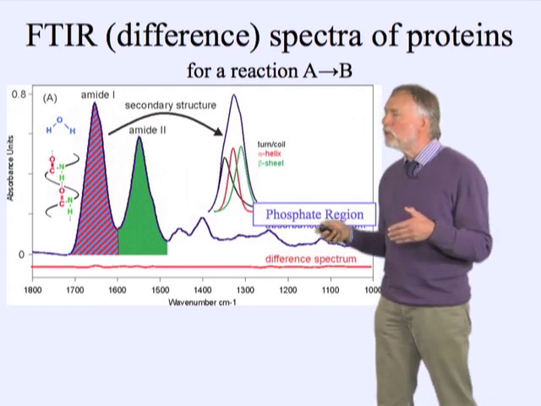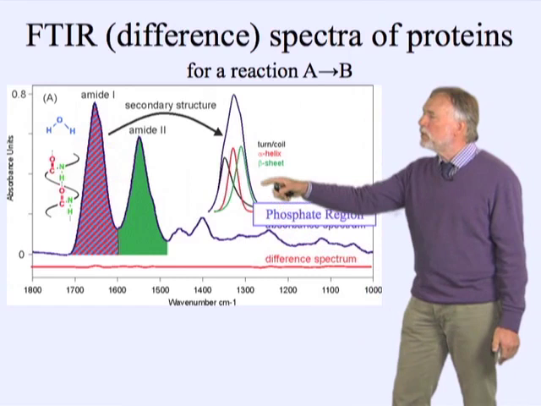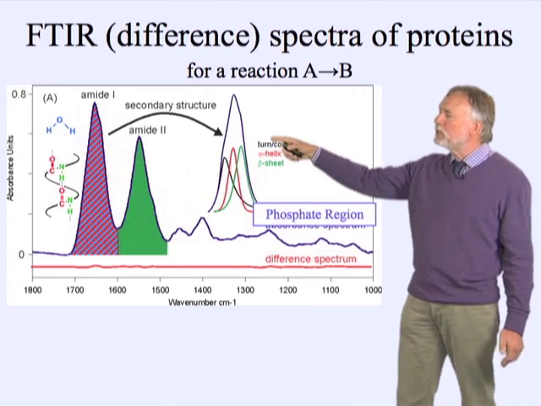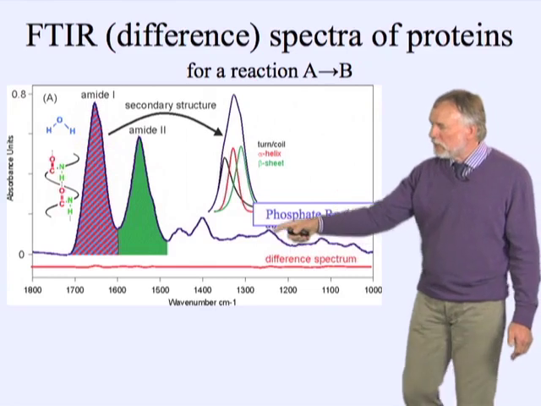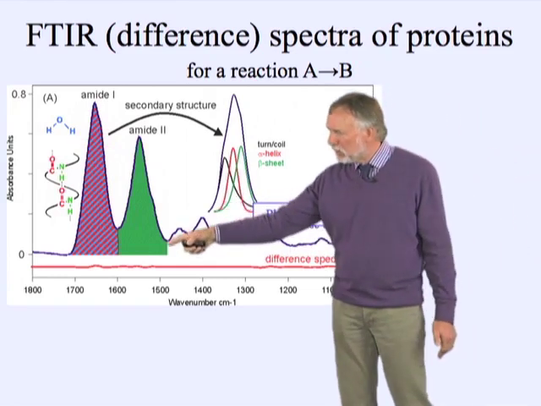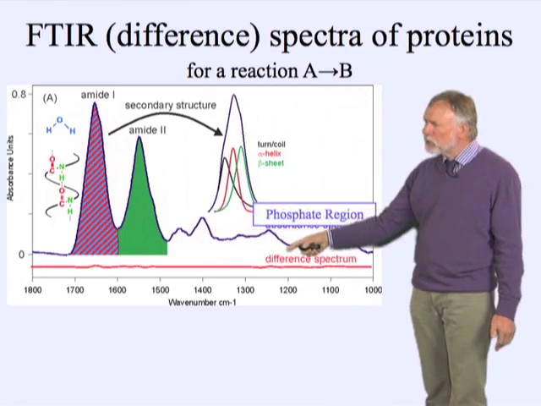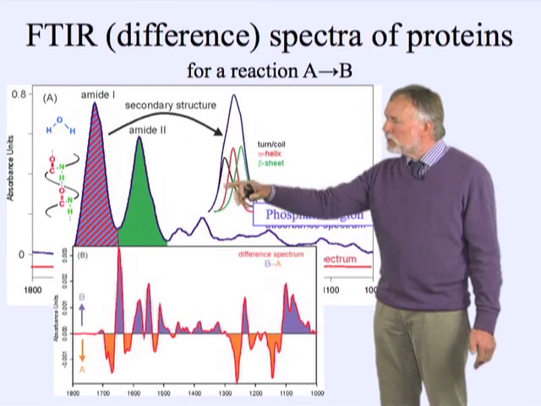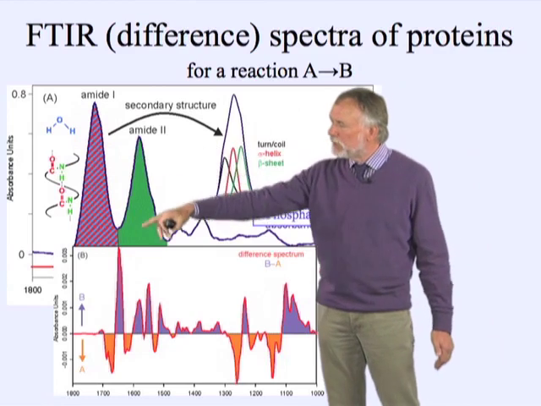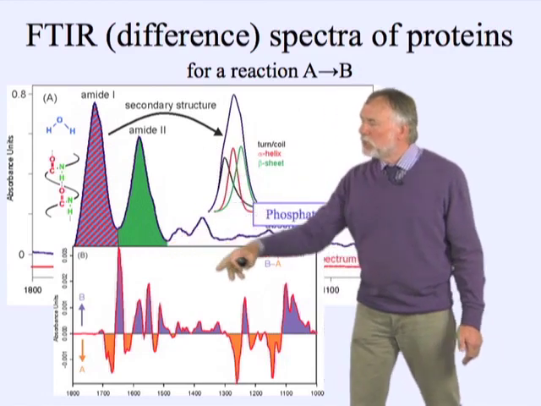But what we do is we observe, for a reaction where a protein goes from A to B, the difference spectrum, which at least on this absorption scale does not show much of a difference. But if you look in more detail, you see the absorption here is 0.8 and the absorption down here is 0.02.